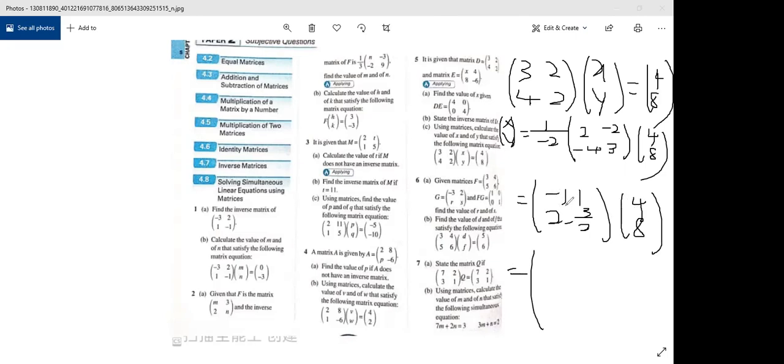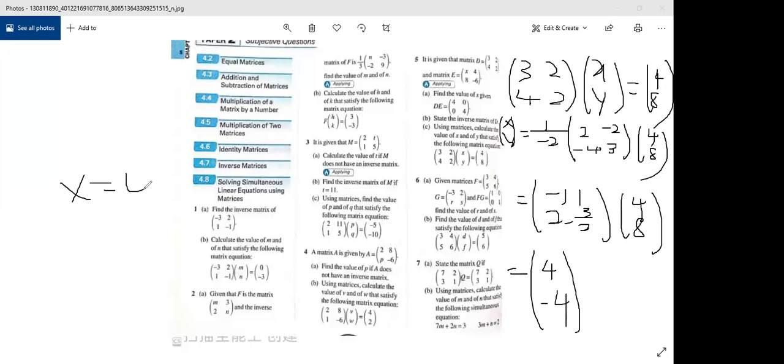So first column, negative 1 times 4, negative 4. 1 times 8 equals 8. So negative 4 plus 8 equals 4. So the one below, 2 times 4, 8. Negative 3 over 2 times 8 equals negative 12. So you get negative 4 as a result.